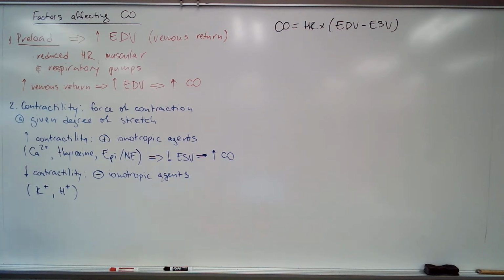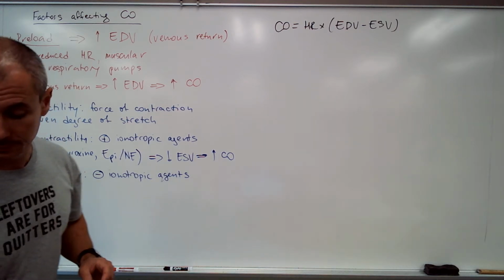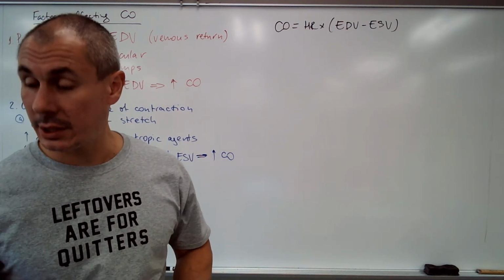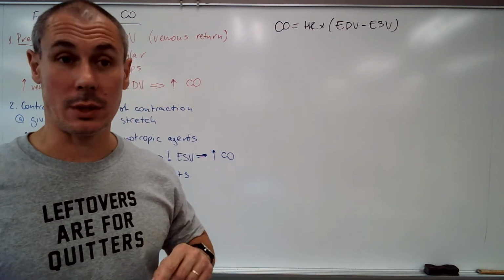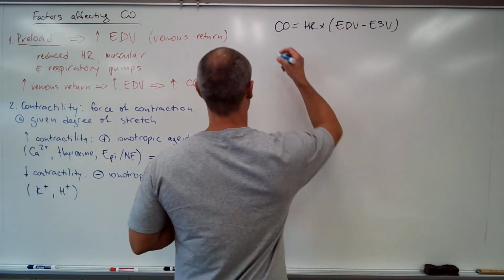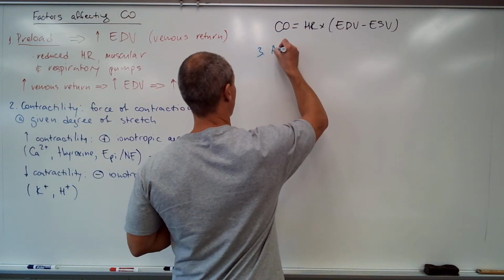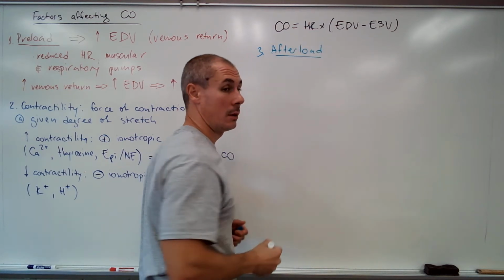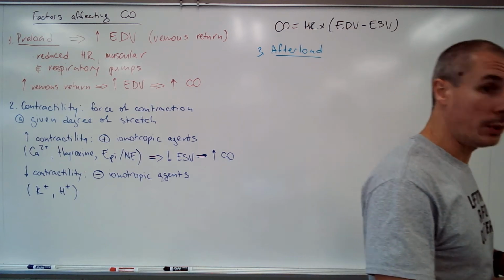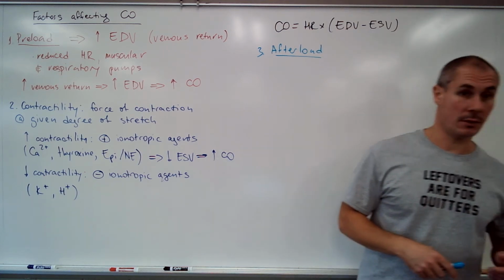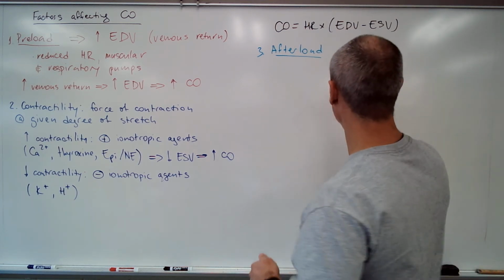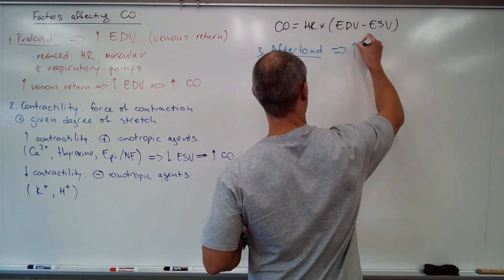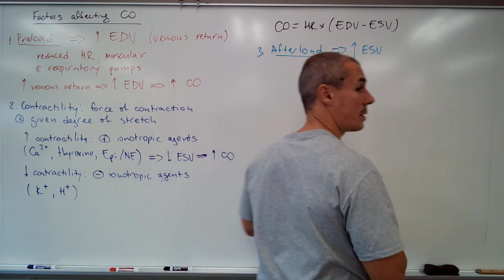last little bit is afterload. We're going to go back to contractility in a few minutes because I want to highlight something. So afterload is basically how much blood is left at the end of, kind of increased ESV, increased end systolic volume.